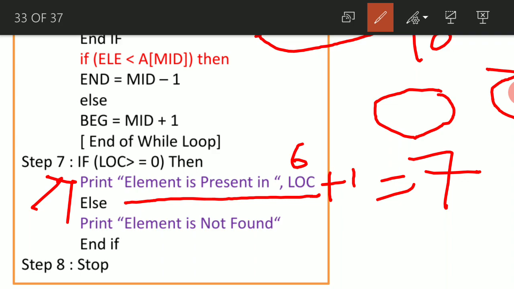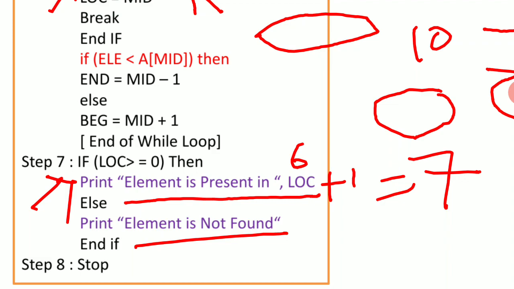It depends on your requirement. If it is not found, if the location value remains -1, then we are going to declare that it is not found. But in this example, we found it at the 6th location, A of 6, and you can say that it is the 7th actual location.